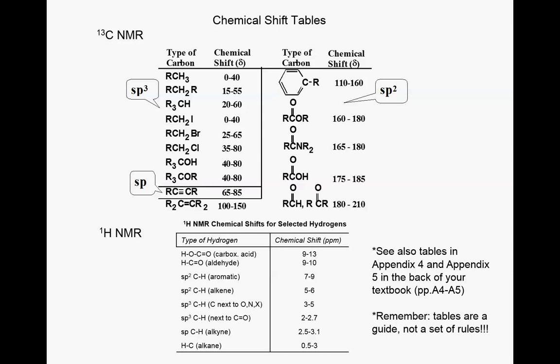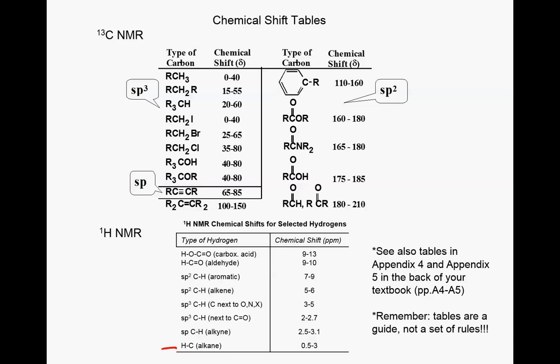The same concepts are in play in terms of de-shielding. When we look at a chemical shift table, a typical alkane proton we know is somewhere, this is listing it as 0.5 to 3. These tables are a little bit like pKa tables in that there's a lot of different molecules that can exist with their own unique chemical shifts that we see in an actual spectrum.